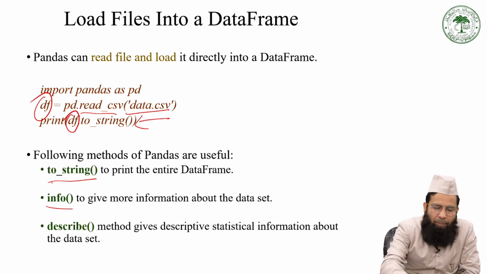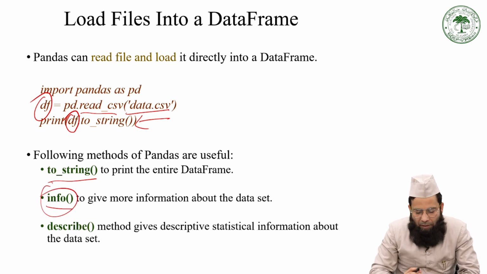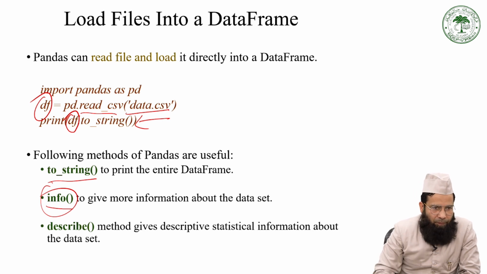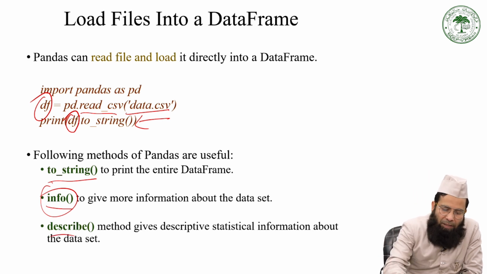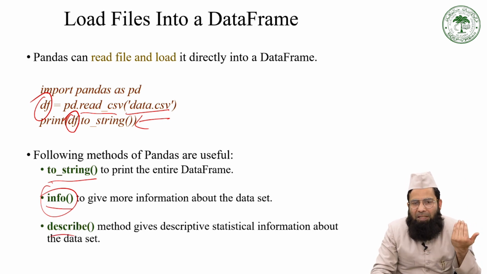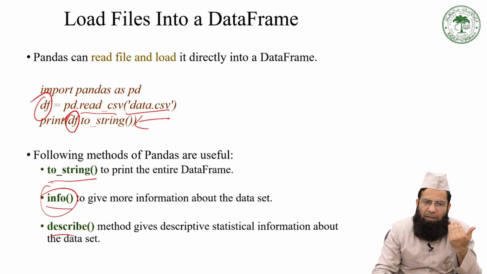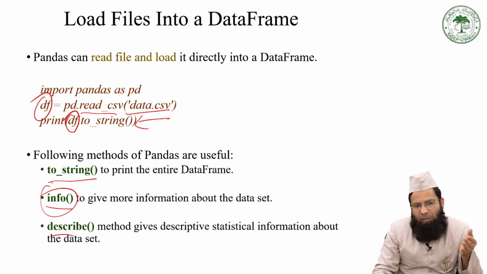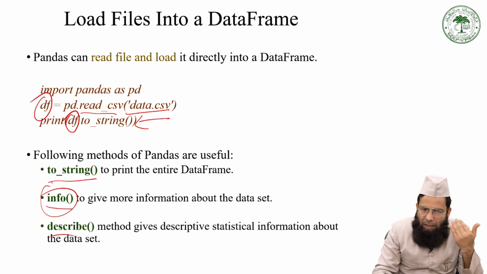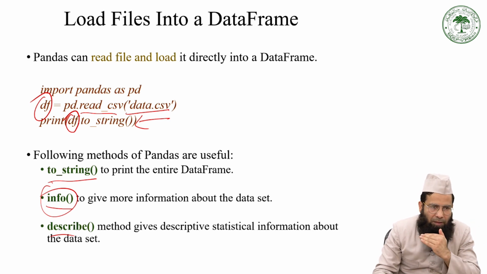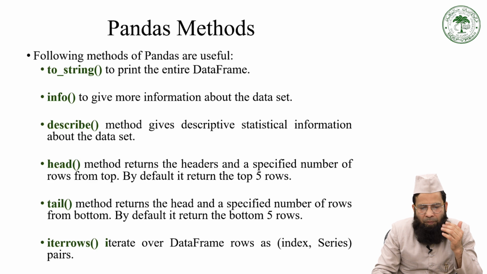All these can be known using the info function. describe gives us descriptive statistical information about the data set: what is the mean, median, and then the 25th percentile, 75th percentile, and so on. So it gives you several types of information.